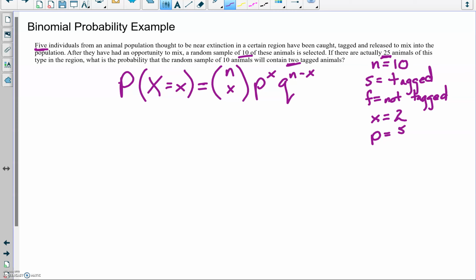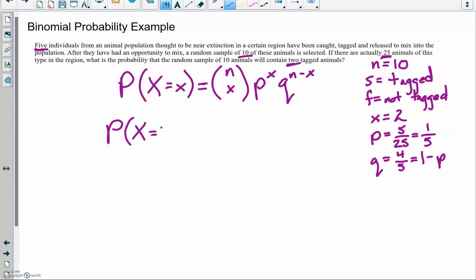So the probability here is 5 out of 25, which will reduce down to 1 over 5. And that means then that the q, the reduced q, would just be 4 out of 5. And you can always get that by doing 1 minus p. So we have all the information we need to plug into this formula and find the value.